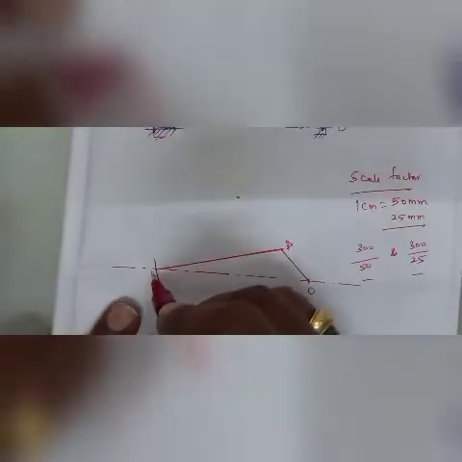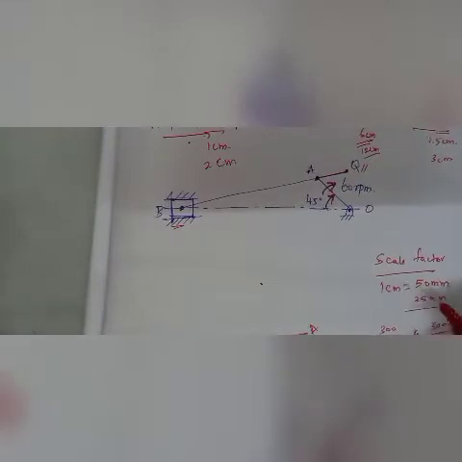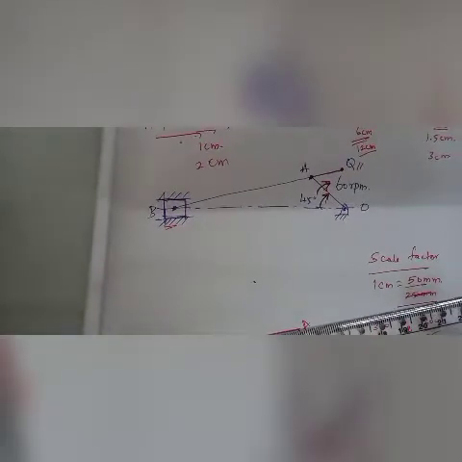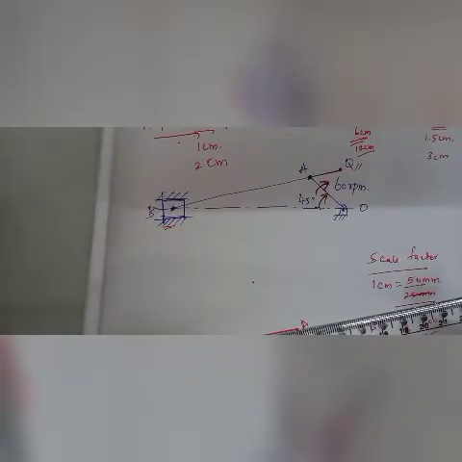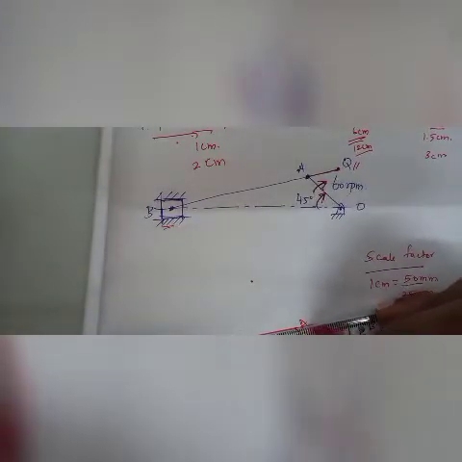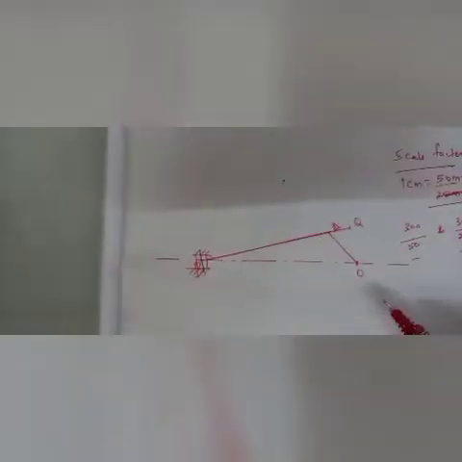So this is our link AB, and we have a slider here, right? And there is an extension link AQ, 50 mm, right? So our scale factor is also 50 mm. So it is an extension of this connecting rod. So just draw a 1 centimeter line from here to here. It is denoted by Q, right? So this is called your space diagram.